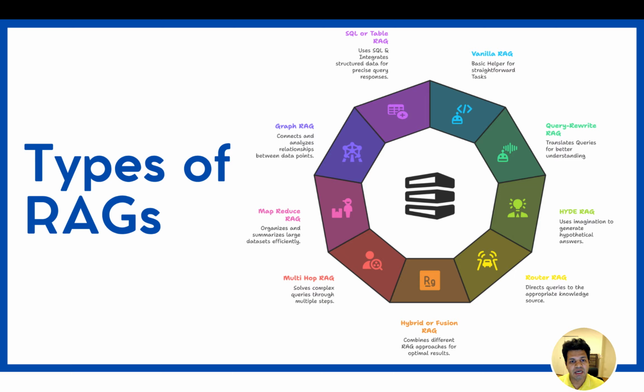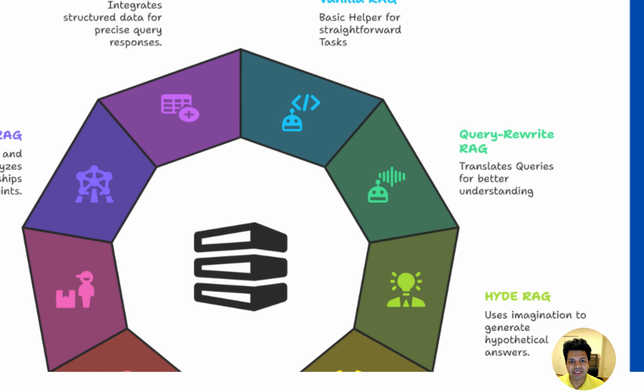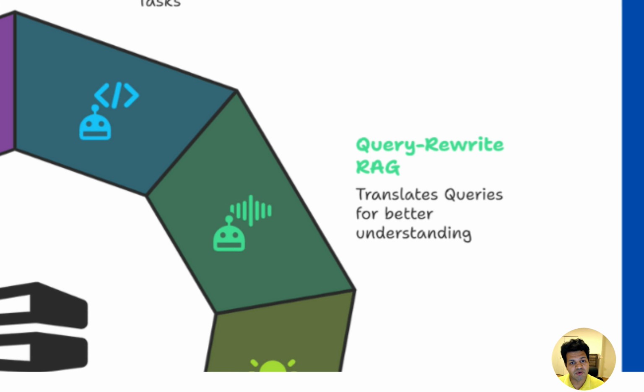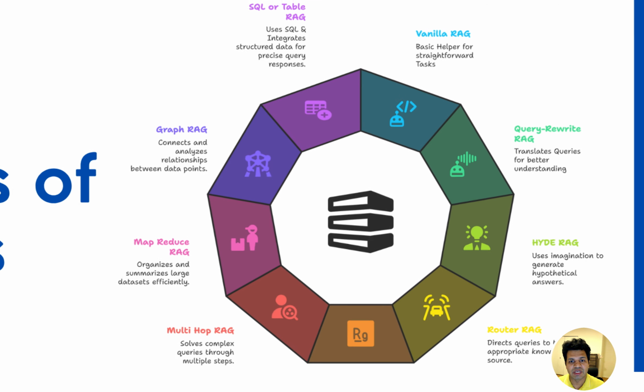Then we have a second type of RAG which is called query rewrite RAG. Now imagine your friend asks the librarian, "Where is the book about birdies that migrate?" But the catch here is that the real book title is Migratory Birds of North America. The librarian understands what your friend meant, rewrites it in proper words, and finds the right book. That's query rewrite RAG.